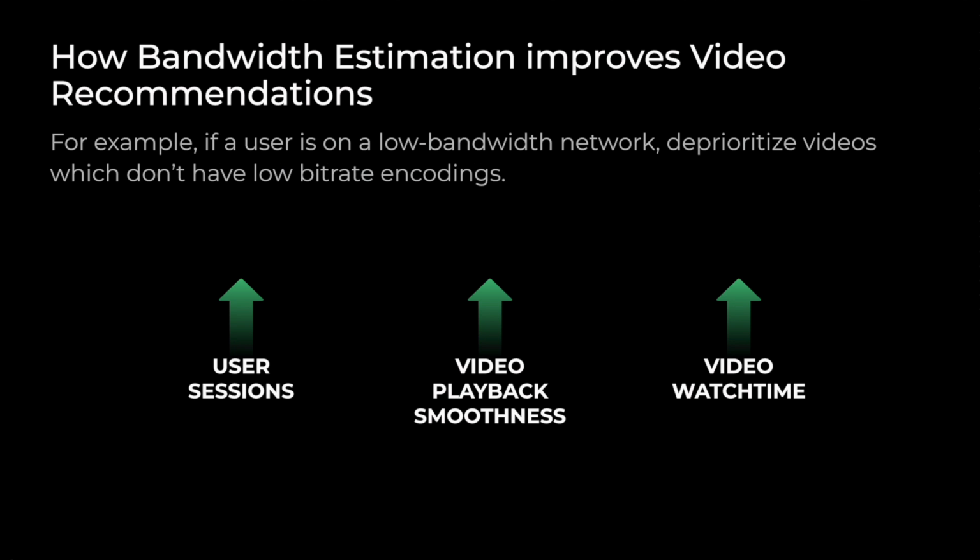There could be multiple ways to utilize the bandwidth signal to fine-tune the ranking model in Facebook. For example, in Feed timeline, we can make rules that demote videos that don't have low bitrate encoding.